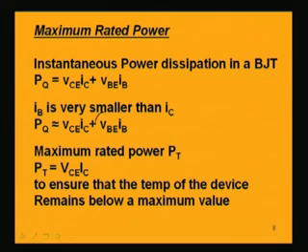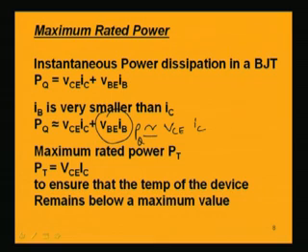So, we have the power dissipated in a transistor given by VCE IC. This is the instantaneous power dissipated in the transistor. So, the maximum rated power, if we denote by PT, will be given by VCE into IC.